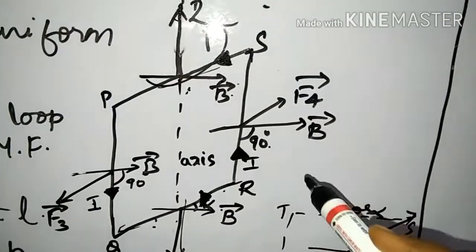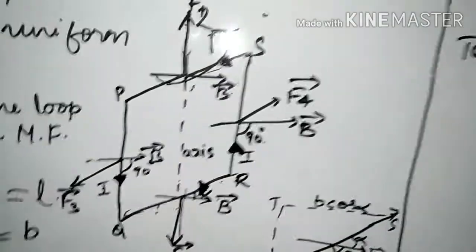Couple means there are two forces, F3 and F4, acting on the same loop, so they form the couple.